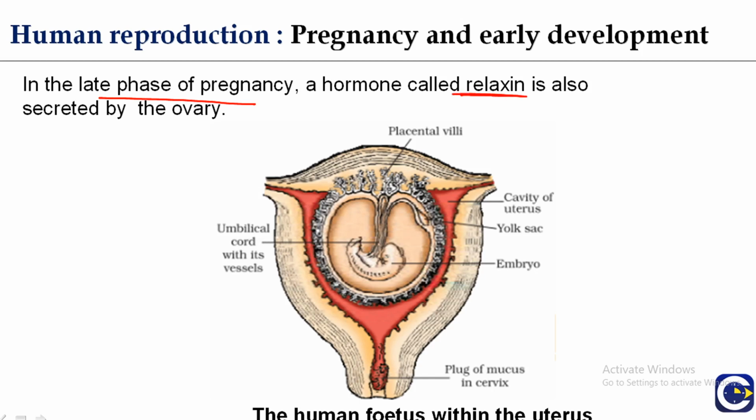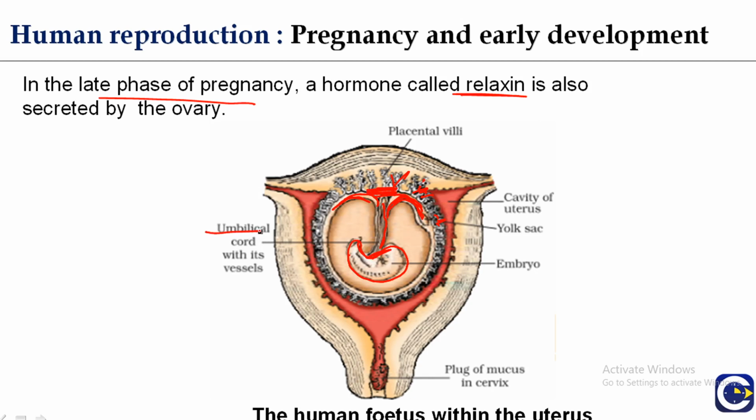So here in this human fetus with the uterus, you can see this is the embryo. This is the yolk sac, which is highly reduced in the human female. This is the cavity of the uterus where all the development is taking place. These are the placental villi, and this is the umbilical cord through which the placenta and the embryo are attached.